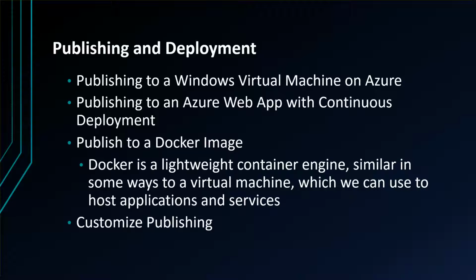We can also publish to a Windows virtual machine on Azure, publish to an Azure web app with continuous deployment, publish to a Docker image for any non-Windows supported OS, and even create our own publishing environment. There is a lot of flexibility for publishing and deploying applications now for MVC 6 and ASP.NET 5.